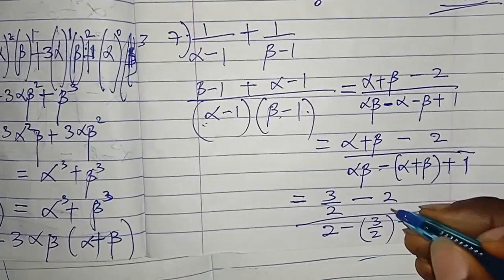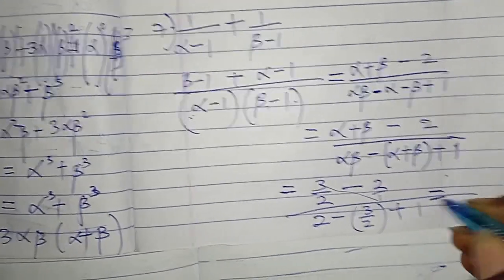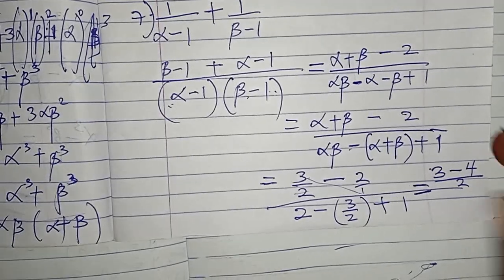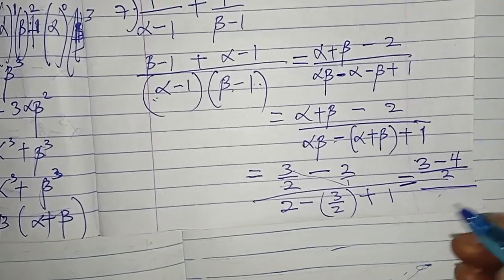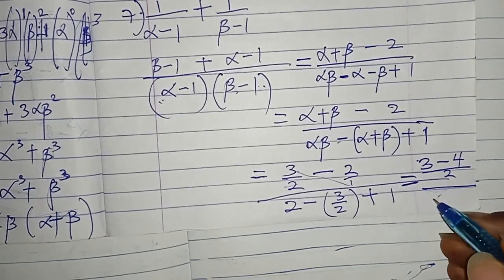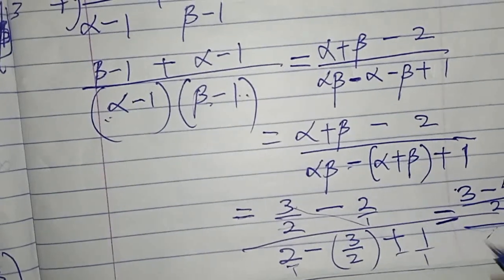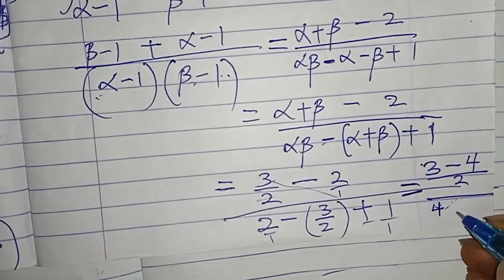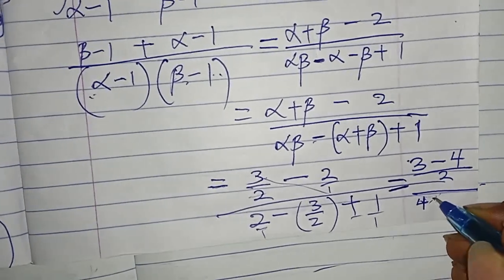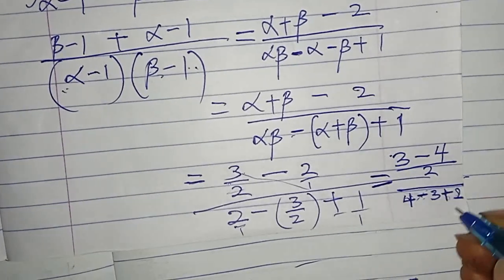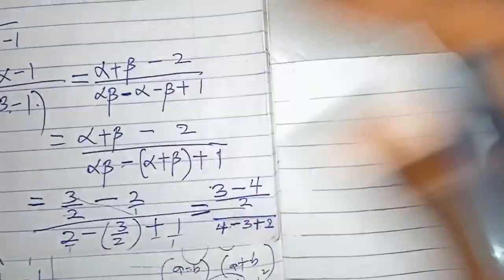So when you get the LCM of this, it will give you 3 minus 4 all over 2, then over 4 minus 3 plus 2, with LCM 2.